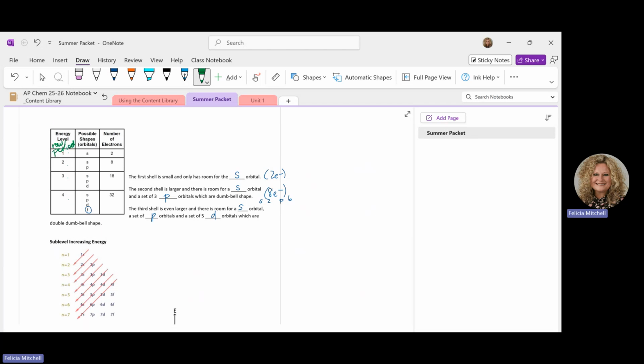You've probably thought of it as a shell, but I would like for you to start calling it energy levels. Now, a little note here, s and p orbitals hold valence electrons. Valence electrons are not found in d orbitals, generally speaking.